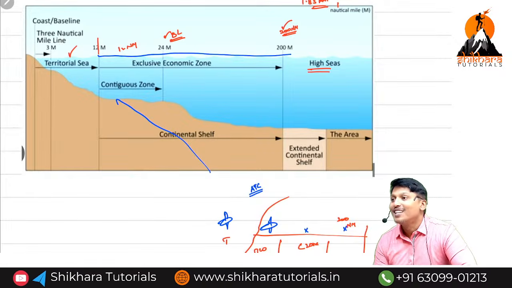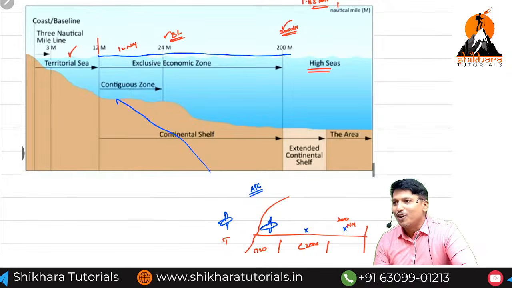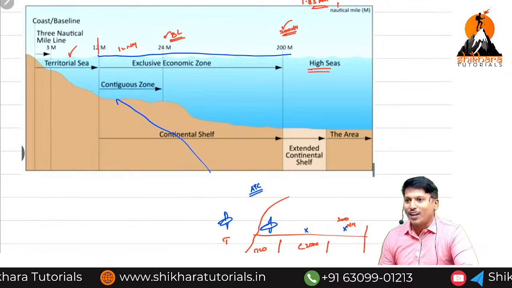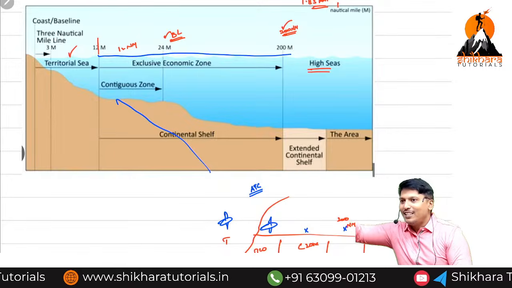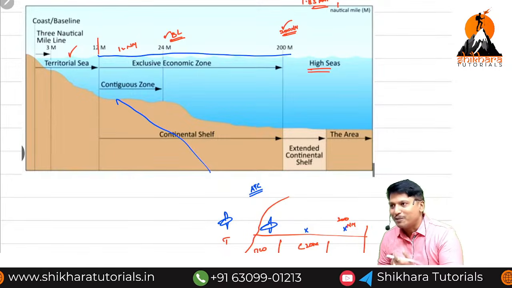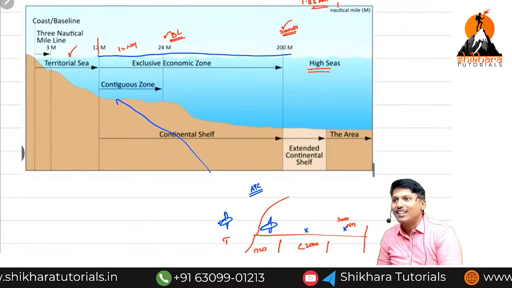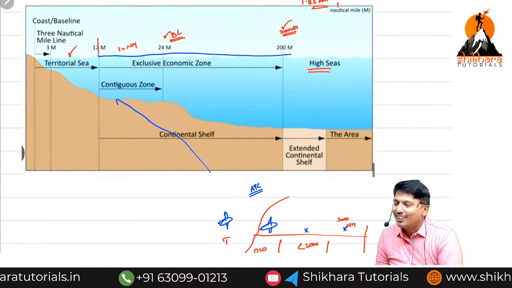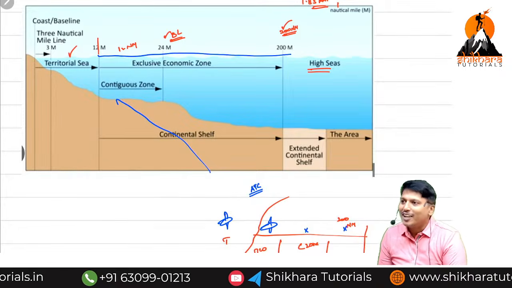So it includes seabed and subsoil. Up to 200 nautical miles, the water we use for transportation of goods belongs to us. Under the water, the soil also belongs to India.